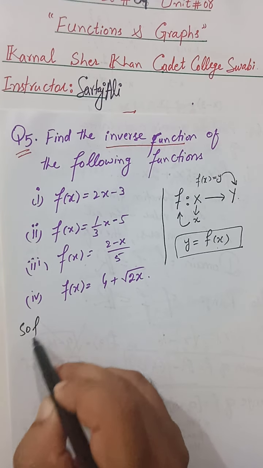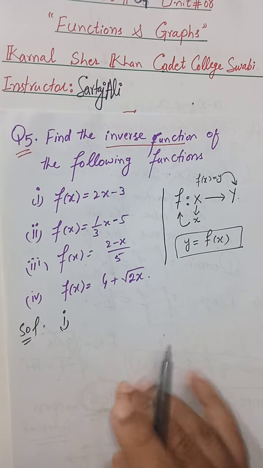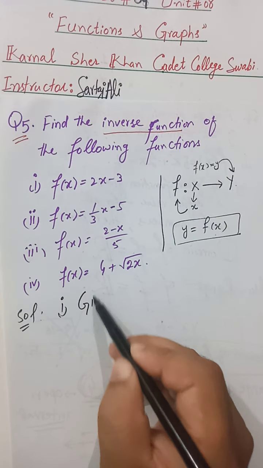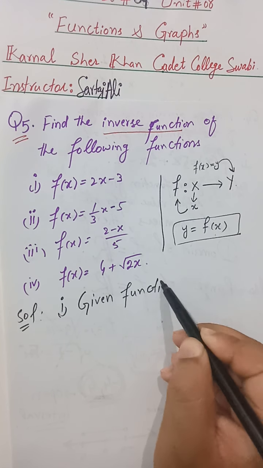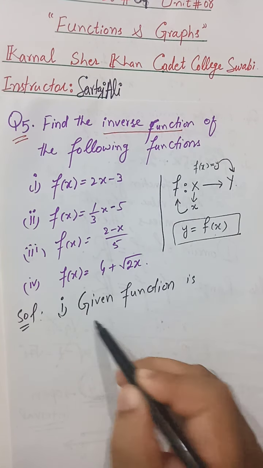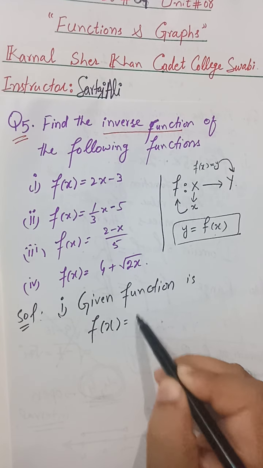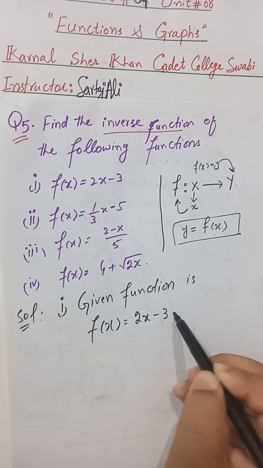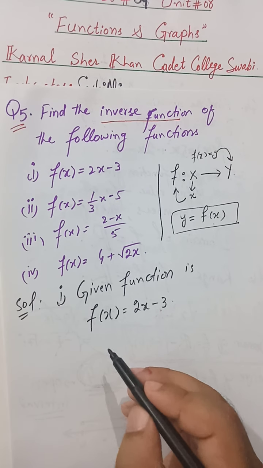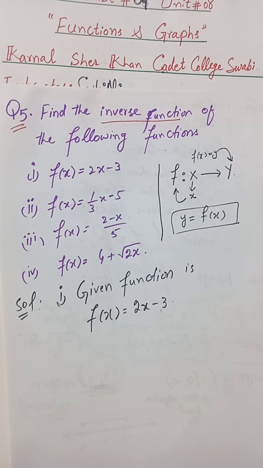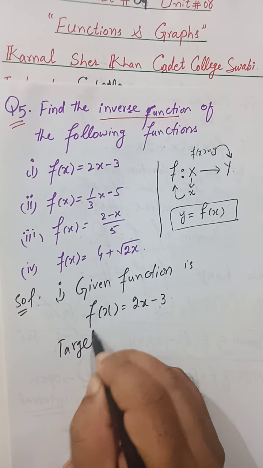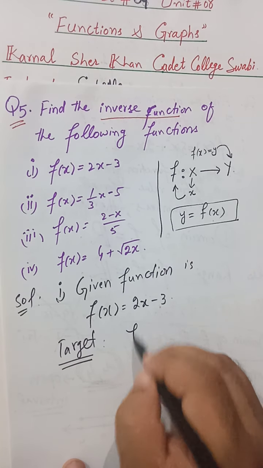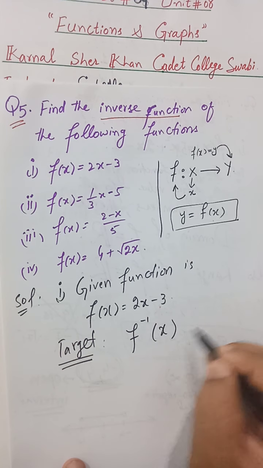Now, solution part number 1. The given function is f of x is equal to 2x minus 3. When you are finding the inverse of this function, the requirement is f inverse of x.